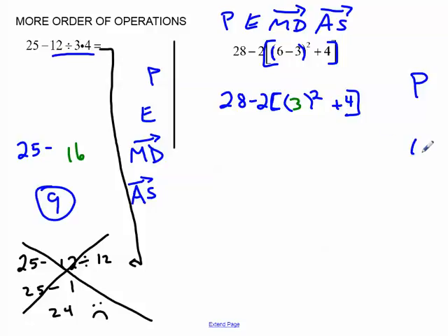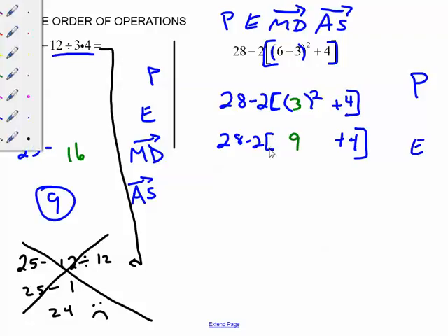Now we've got to do exponents. I got 28 minus 2 times plus 4 square bracket. Didn't change. All we're doing is evaluating this. 3 squared, 9. Again, we're still evaluating what's inside the square bracket first. All right, what are we doing next? Inside the square bracket, any multiplication or division? Nope.